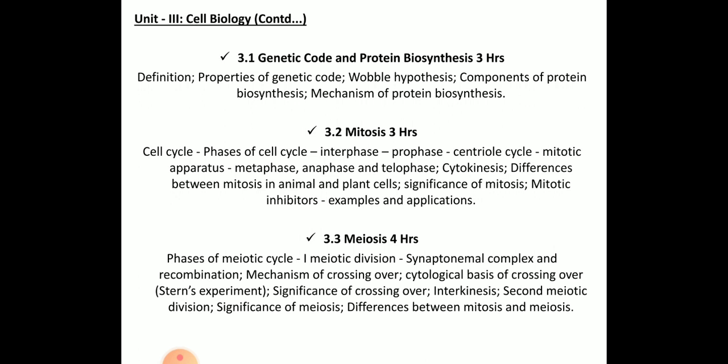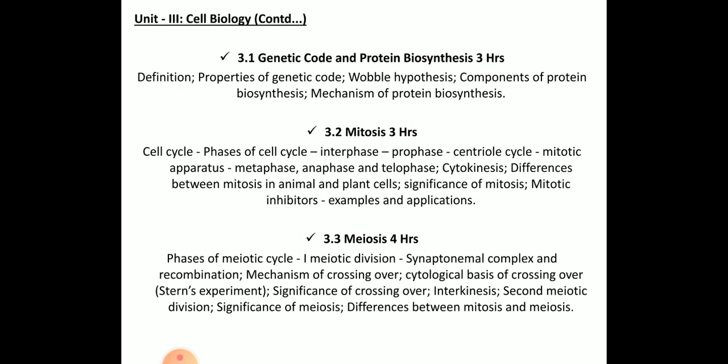Whereas in the third subunit, we will be studying about meiosis. So sexual cell division. Here we will study formation of the synaptic complex, the mechanism of crossing over, and along with that the significance. And there are stages in meiosis, compared to mitosis, like prophase, metaphase, anaphase, telophase.